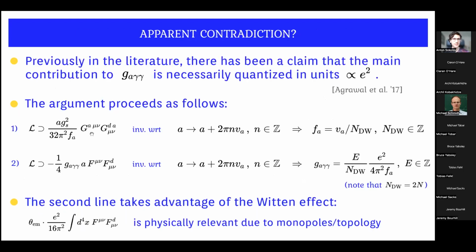So now, let me also discuss one thing which I think is important to discuss. One could say that our results are in apparent contradiction with previous claims in the literature by Agrawal and others.